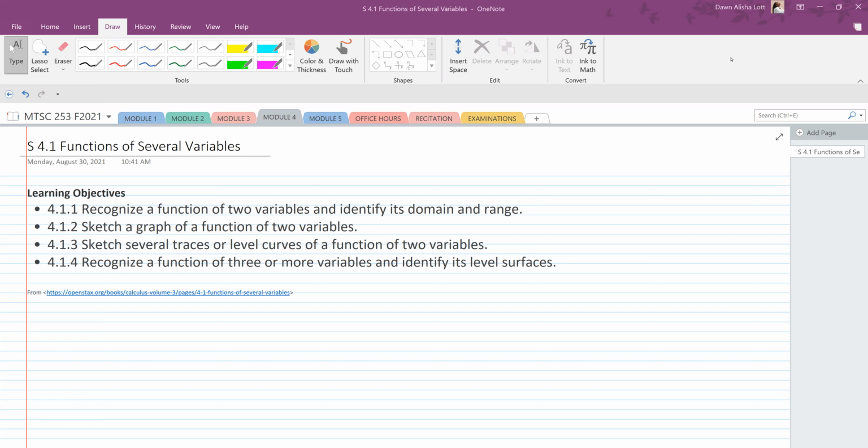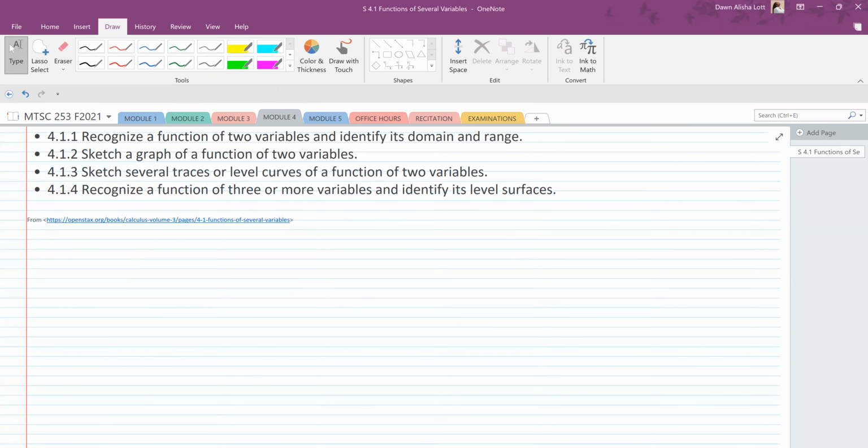And so we've always looked at functions, y is equal to a function of x. So in Calc 1 and Calculus 2, we have y is a function of x.